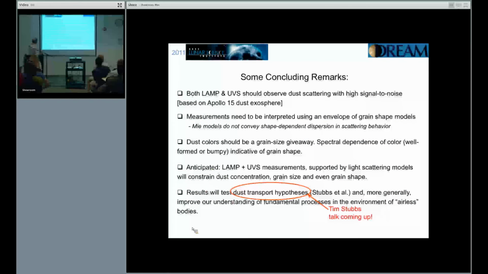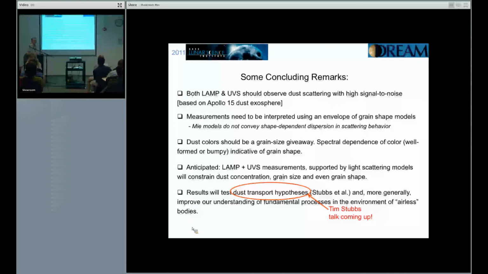Okay, just some final remarks. To sum things up, LAMP and UVS should observe with big signal to noise, given that they're very sensitive instruments. If you're going to try to simulate those, you really should use multiple grain shapes. Dennis uses a discrete dipole approximation. With Mie models you're looking at just one little tiny window in the space of possibilities.